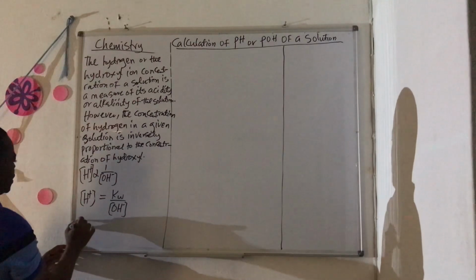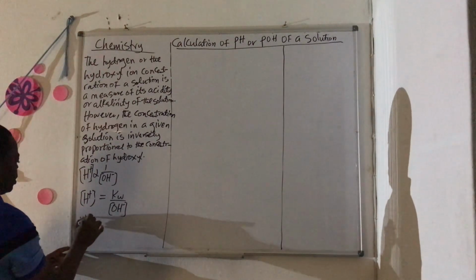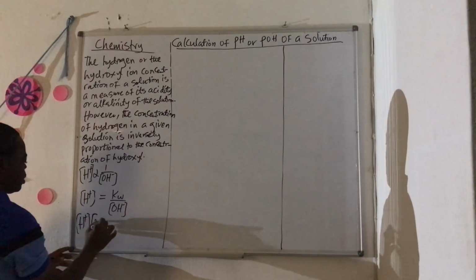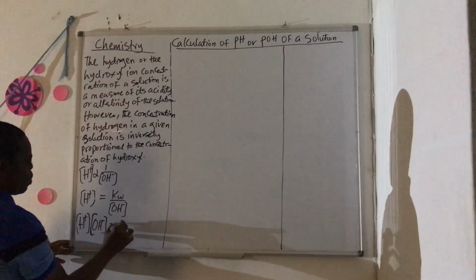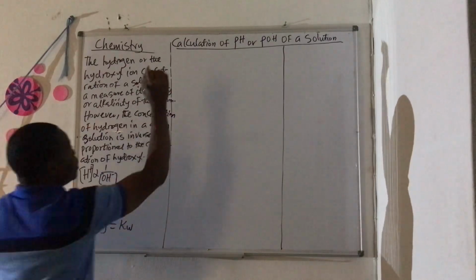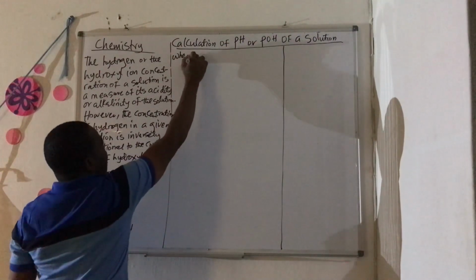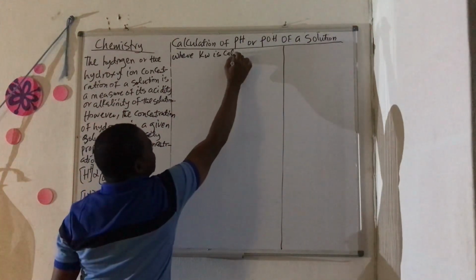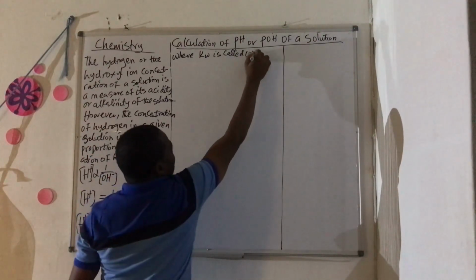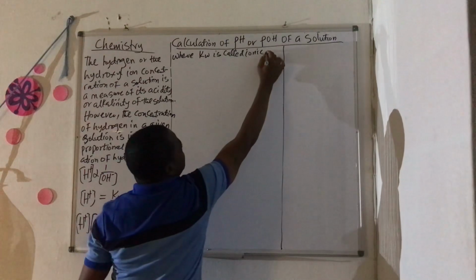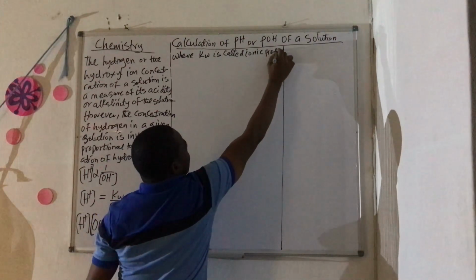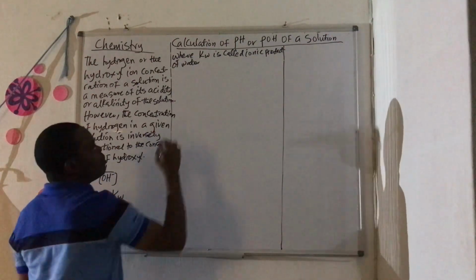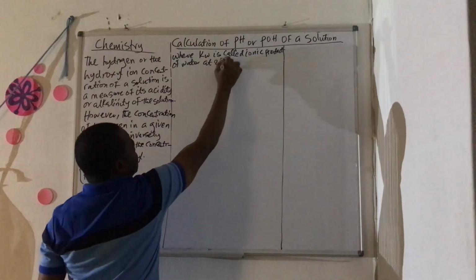And this equation can be written as hydrogen ion multiplied by hydroxide ion will be equal to Kw, where Kw is called the ionic product of water at 25 degrees Celsius.